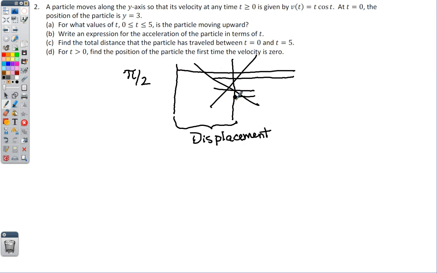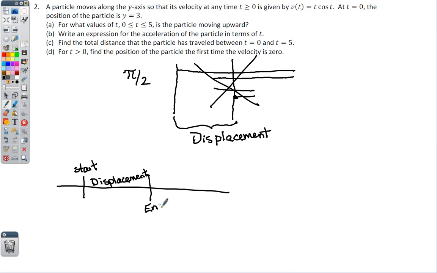Because if we know that displacement, we can then say, well, where did it start? I know on a number line that if I know my starting position, and then I know my displacement, then I also know my ending position.